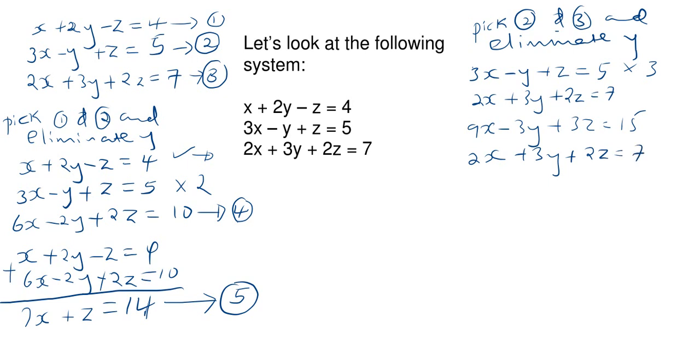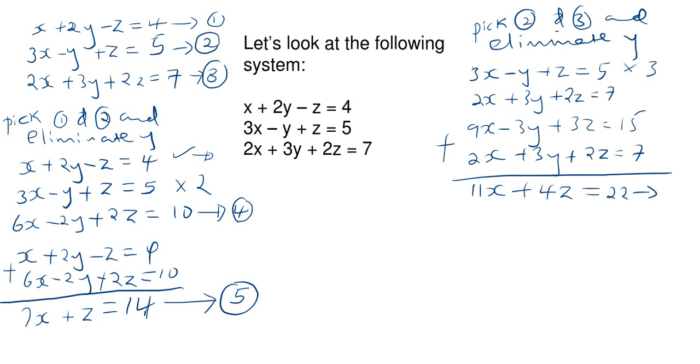So we check at which operation we can perform to get y as 0. So it is addition, because if we have subtraction, y will be 6. So we add these two, we get 11x plus 4z, because y is 0, is equals to 22.